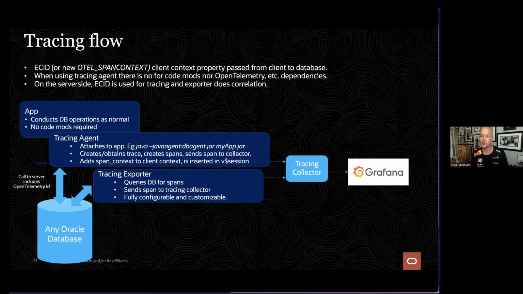That ID, whatever it is, is queried on by the tracing exporter. And that tracing exporter, just like the other exporters, is translating that into a trace span, and sending that to the tracing collector. And of course, it's the same trace ID.